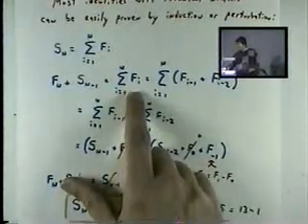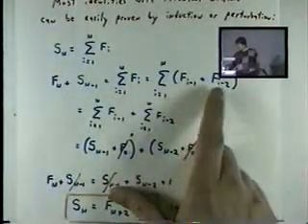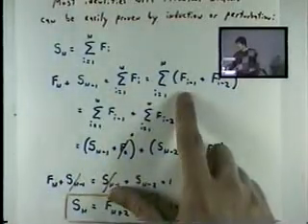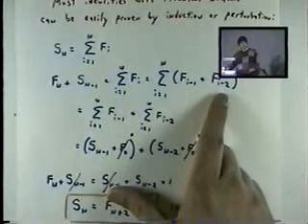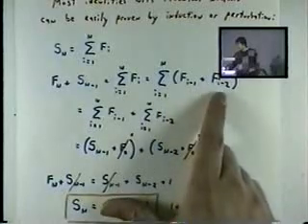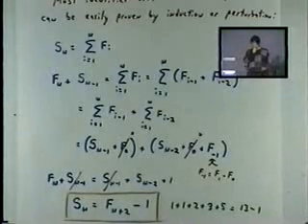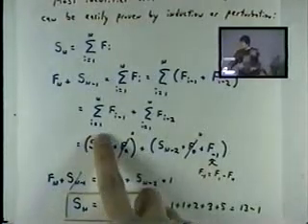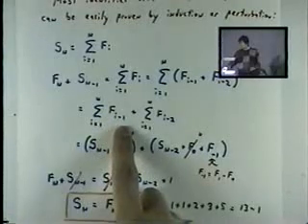The Fibonacci numbers have this wonderful recursive definition. So we know that f sub i is equal to f sub i minus 1 plus f sub i minus 2. That means we can now partition our sum into two subsums. The sum as i goes from 1 to n of f sub i minus 1.